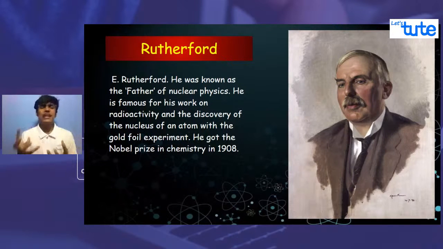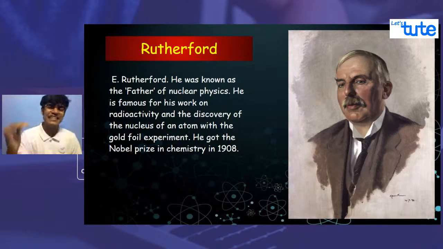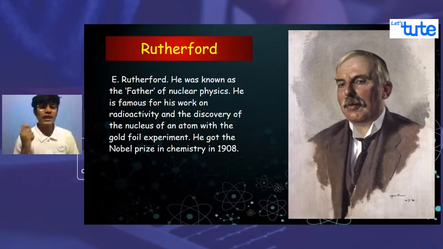and with his gold foil experiment. His gold foil experiment is very famous. We are going to understand his experiment, the gold foil experiment or the alpha particle scattering experiment, which can come in your exams and is very important.